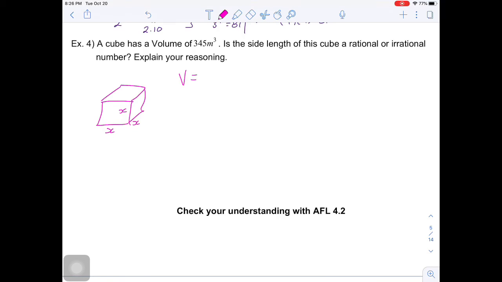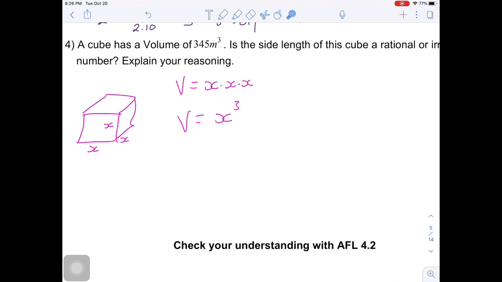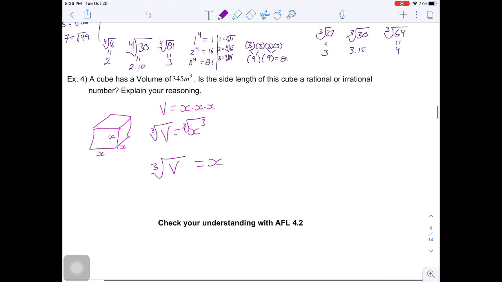So a volume will equal x times x times x. So essentially volume equals x cubed. Now recognize that we can solve for x here by cube rooting both sides. Okay, so if I take the cube root of both sides, I can represent my side length as the cube root of x.